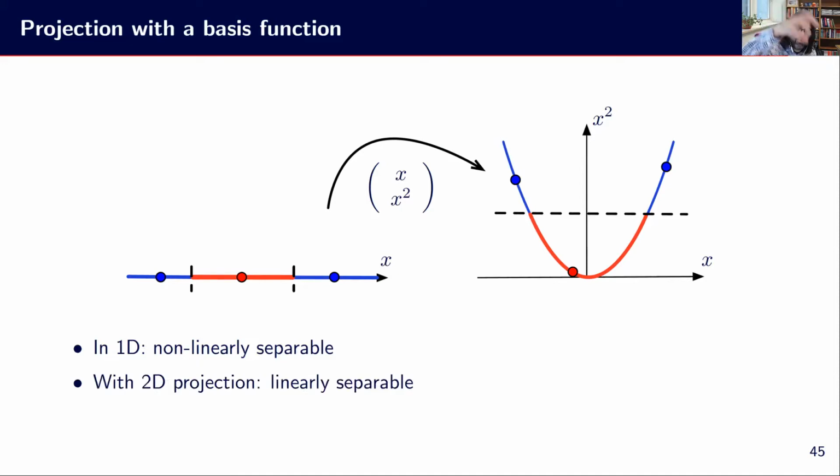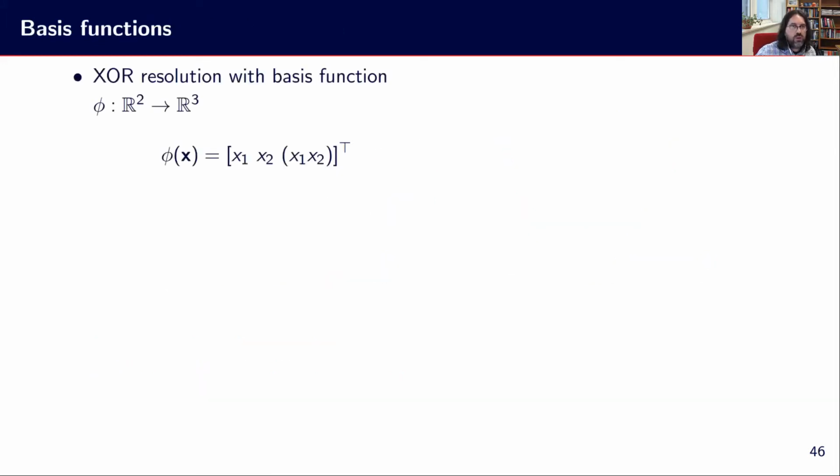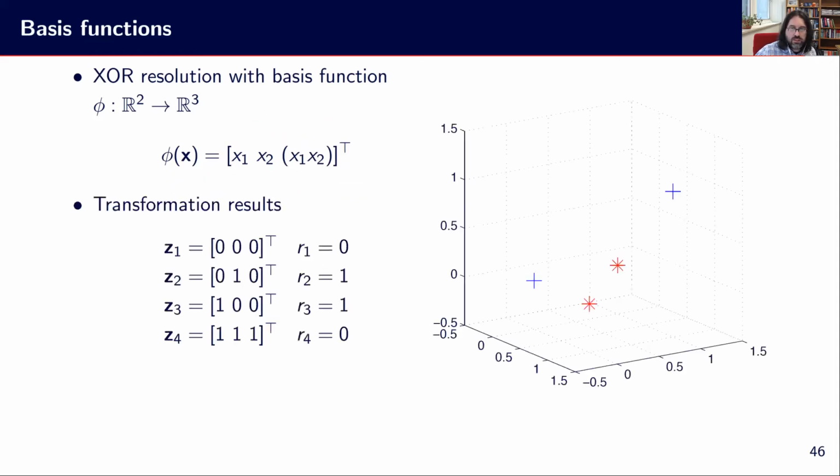So this mapping for 1D, where the samples are non-linearly separable, gets us in 2D to something that is linearly separable. For the XOR, a simple solution is a mapping from 2D to 3D. We have x1 and x2, so we preserve the variables as is, but we add a third one, which is the product of x1 and x2. So x1 times x2 gives us the third dimension.